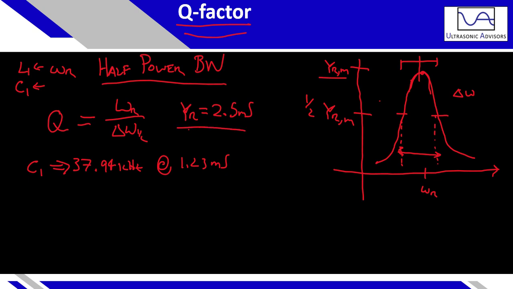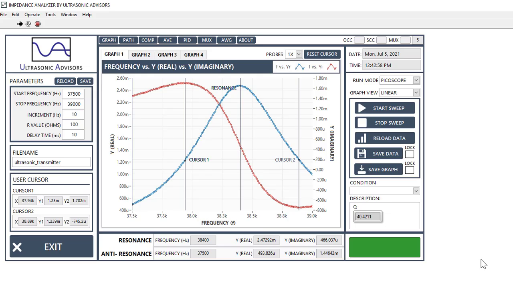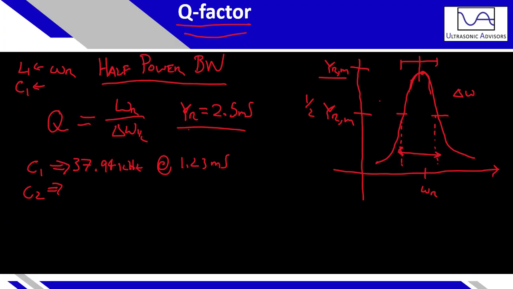So that's good there. And cursor 2 is at 38.89 kilohertz right there. It's kind of small, so I'll write that out. And it's at about the same value.